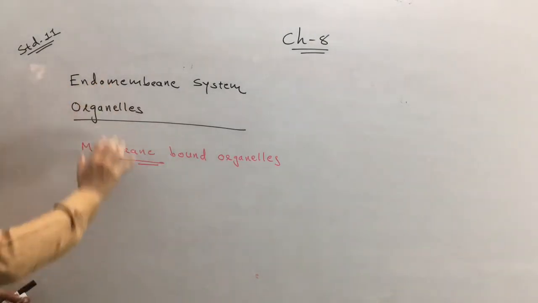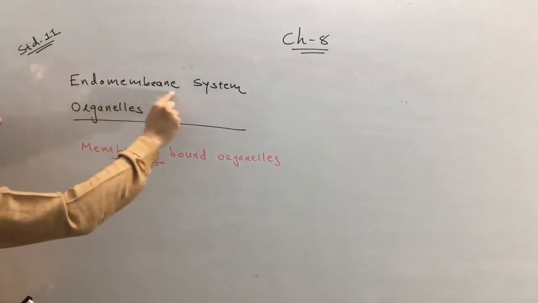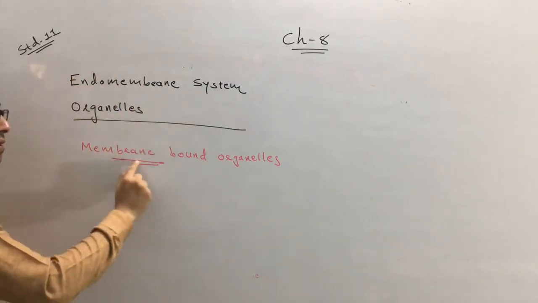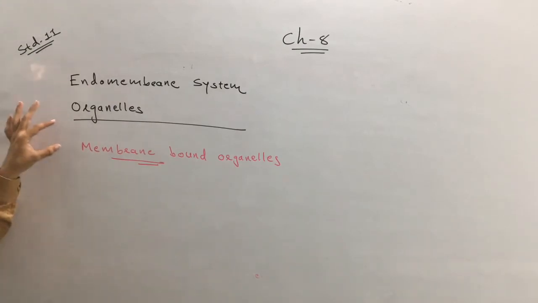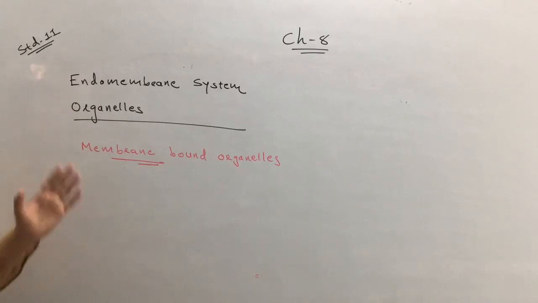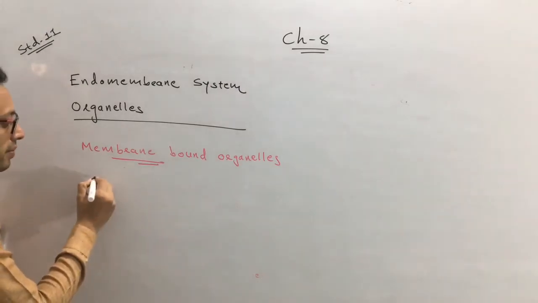You should know the difference between them. There is a difference between endomembrane system organelles and membrane bound organelles. But to understand the endomembrane system, first you should know which are membrane bound organelles. I will list them out, as we have already learned them.